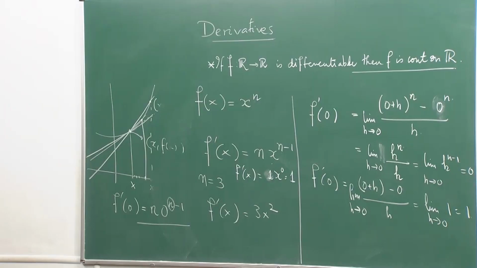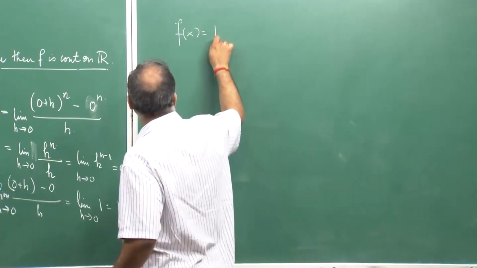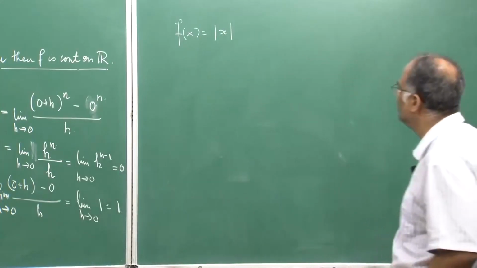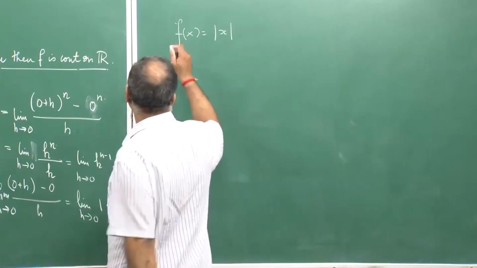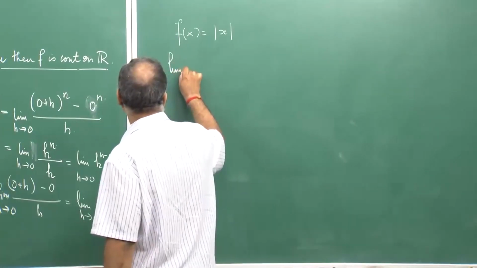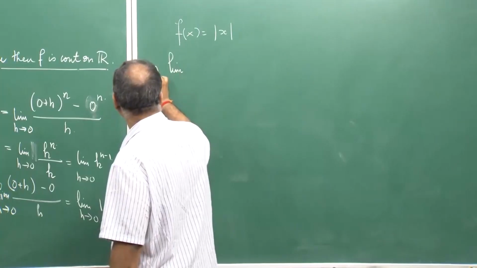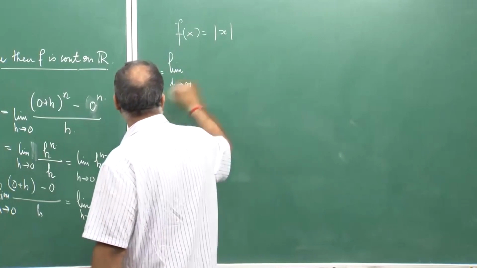Now, this is a standard function which is studied everywhere. f of x is equal to mod of x, and this mod of x is not differentiable at 0 because, you take the right limit, which I write like this, h tends to 0 plus, so it is called the right derivative.